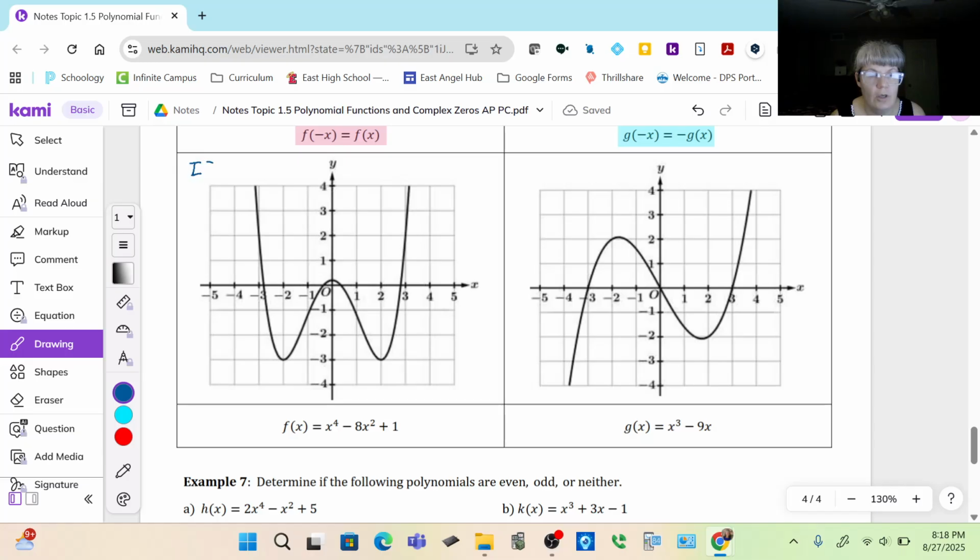So if opposite inputs, and remember, this is the notation for my outputs. If I have opposite inputs and my outputs are equal, is what I'm talking about here.